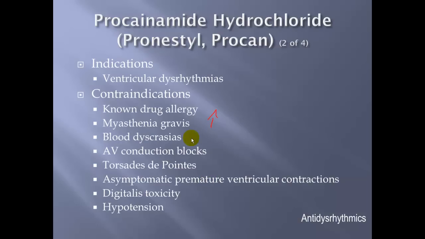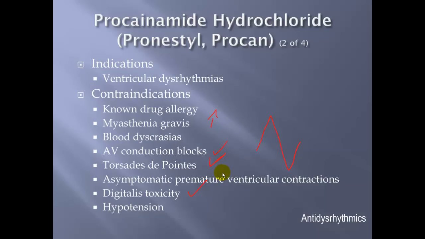Now, if you want to think about these things right here, AV conduction blocks, torsades, and dig toxicity, all of those are going to increase your QRS width. One of the secondary causes of torsades de pointes, besides low magnesium levels, is an increased QRS width.